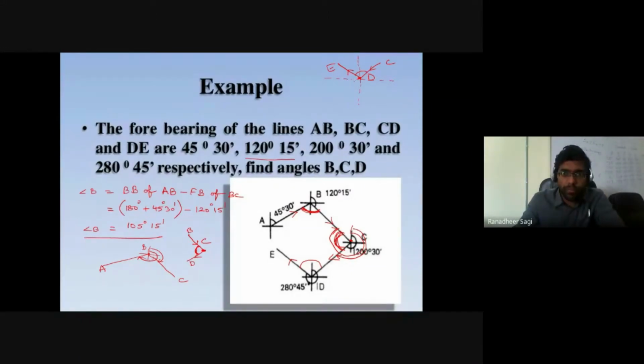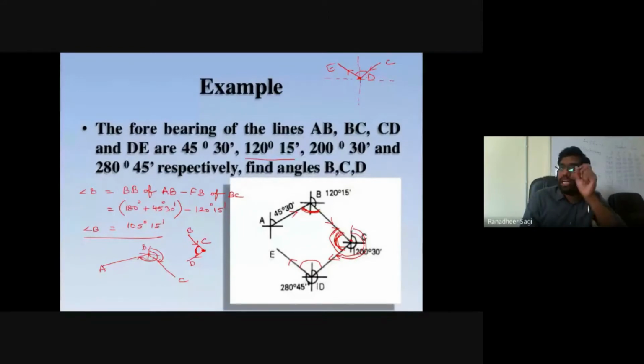So for the DE line, which bearing will we talk about? It's the forebearing. The CD line is at the back of station D, which we call the opposite direction of the traverse, because to look at the CD line, I have to look back from station D. So the direction of my observation is opposite to the traverse.